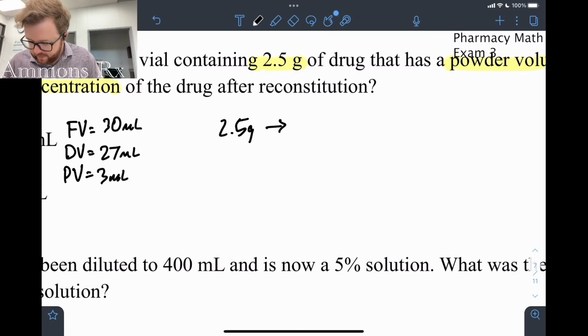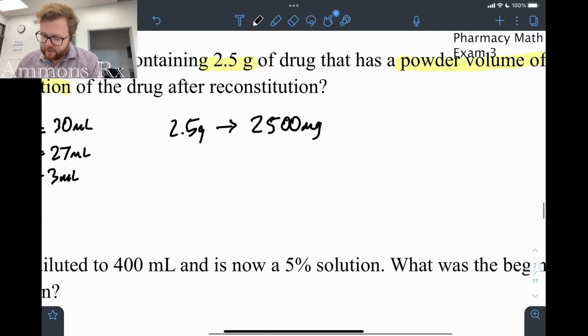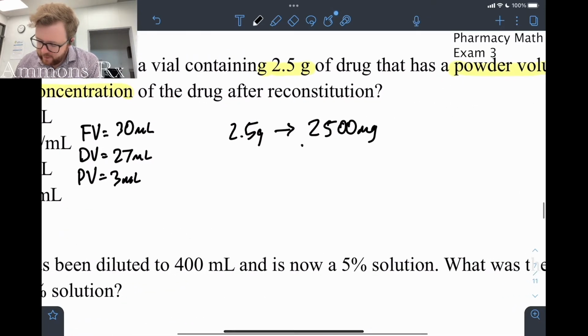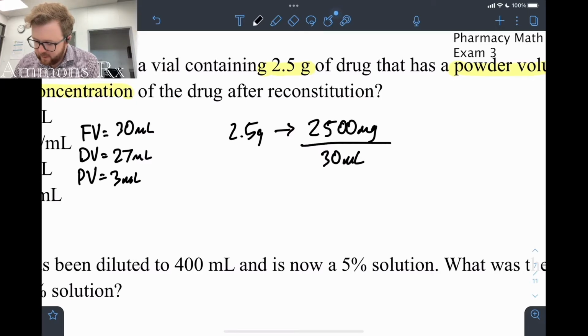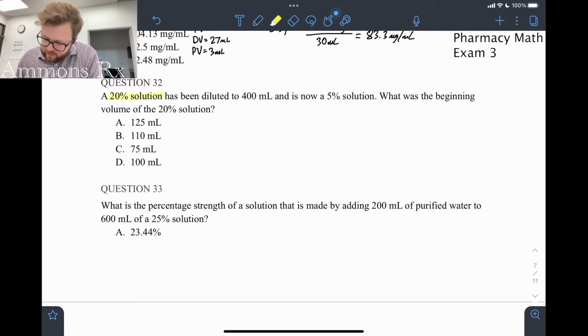And how many milligrams is that? That's 2,500. 2.5 times 1,000. So our final concentration, we need to take our amount of drug over our final volume, which is 30 mils. So 2,500 divided by 30 is 83.3 milligram per mil.